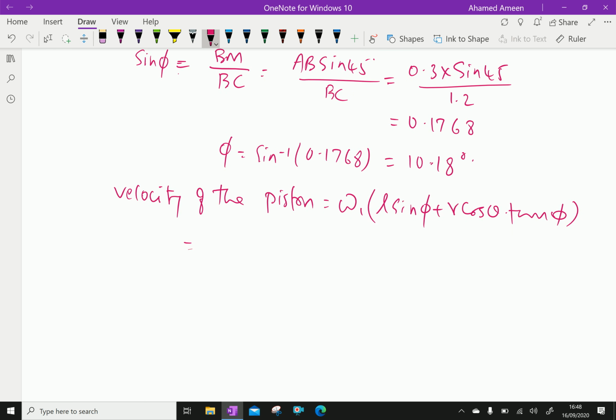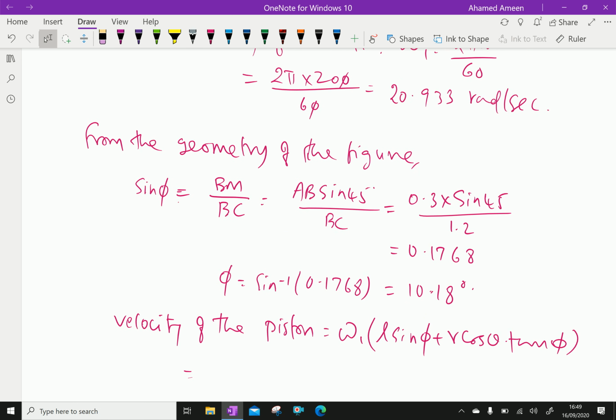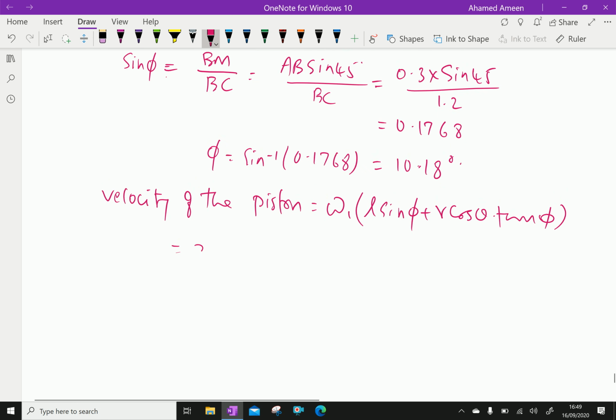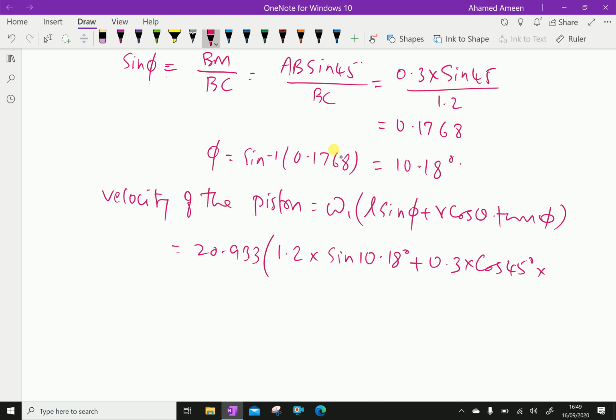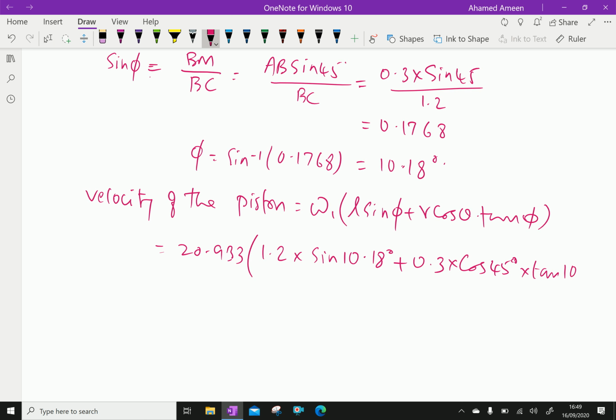Omega 1 is 20.933, L is 1.2 into sine phi, sine of 10.18 degrees, plus R is 0.3 into cos 45 degree into tan 10.18 degrees.